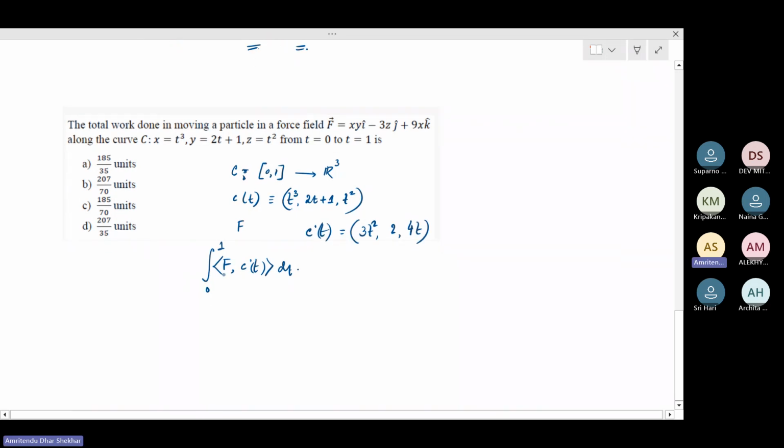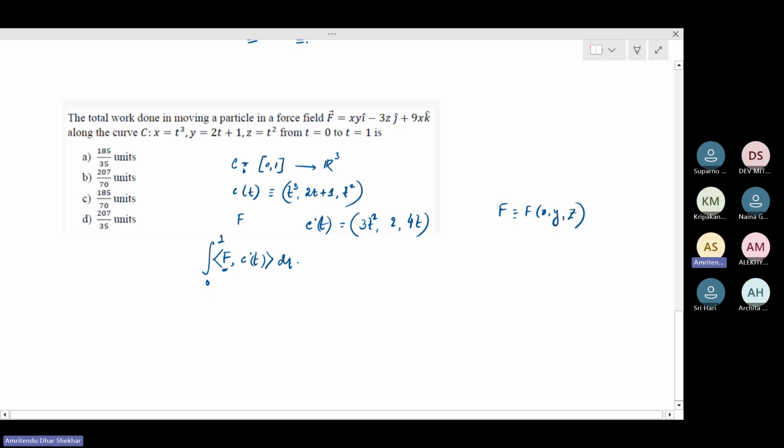And f is a function of x, y, and z, but because you are on the curve, it's a vector field along the curve, so you will use the coordinates of the curve. So it's the integral from 0 to 1 of f of the coordinates of the curve, which are t cubed, 2t plus 1, and t squared, dot product with c dash t.